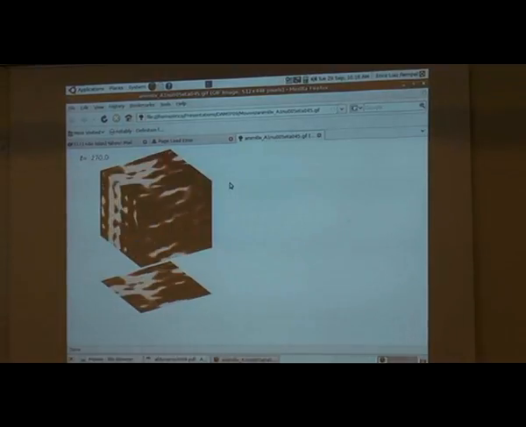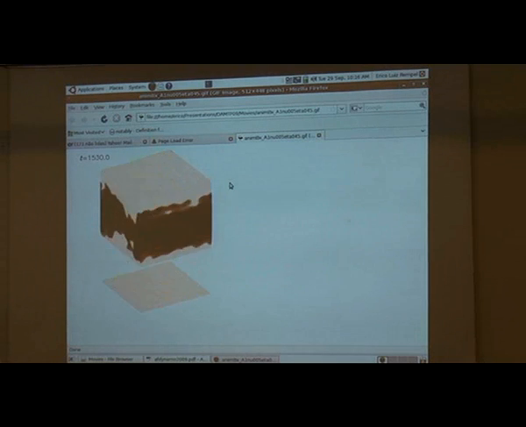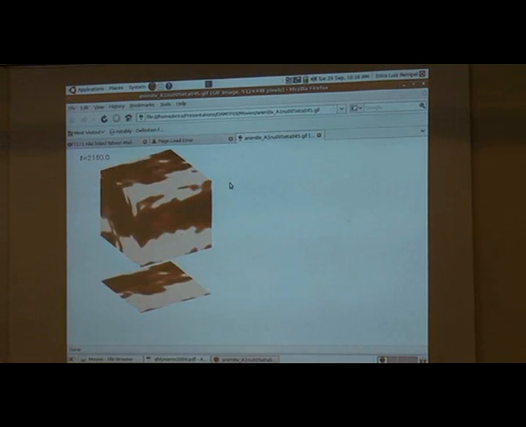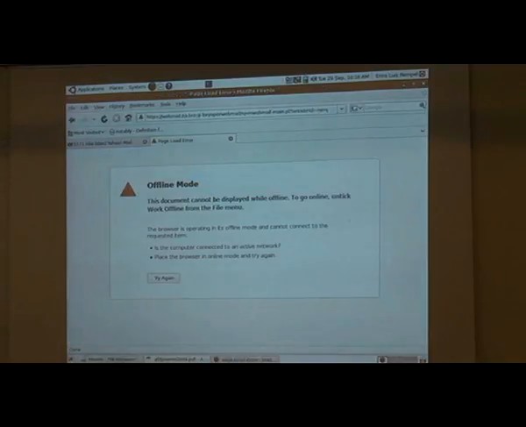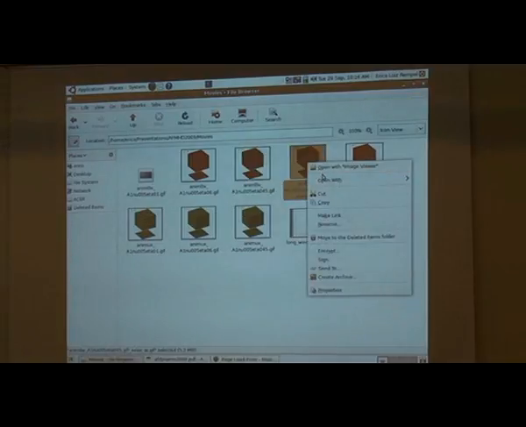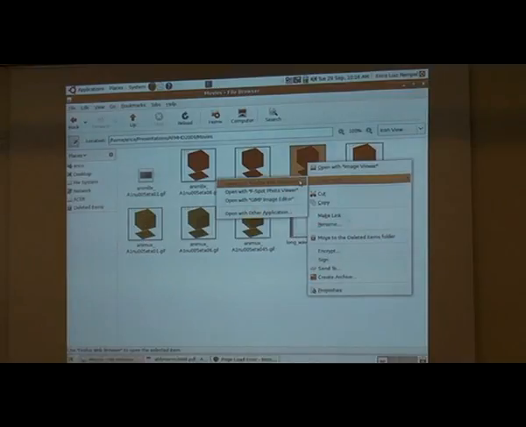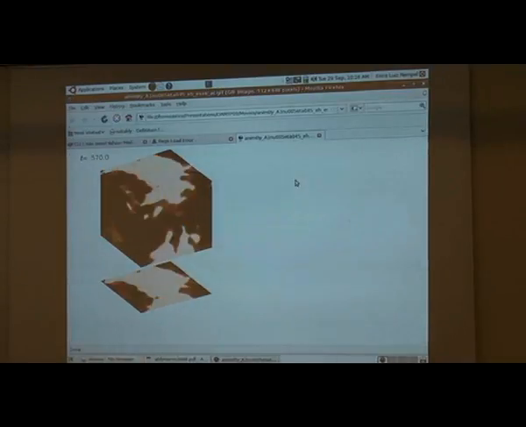Let's see it starting again. Okay. Here you have. This is not the best one. I have a better one. Sorry. Okay, very clear now.